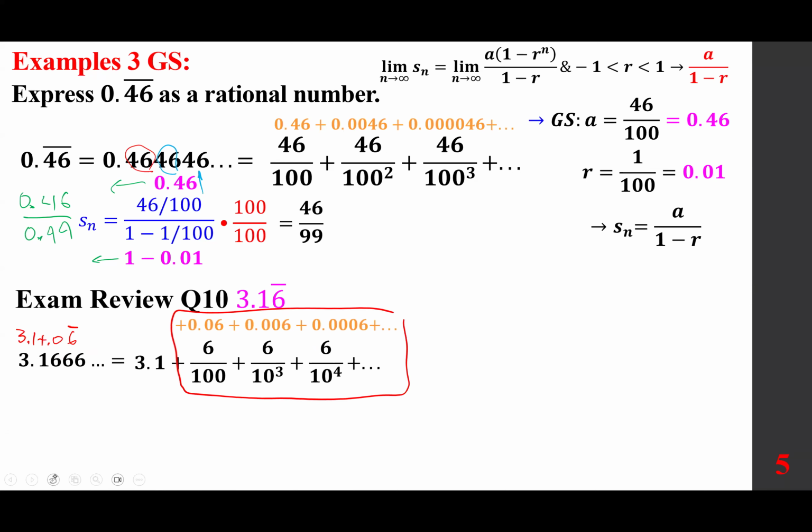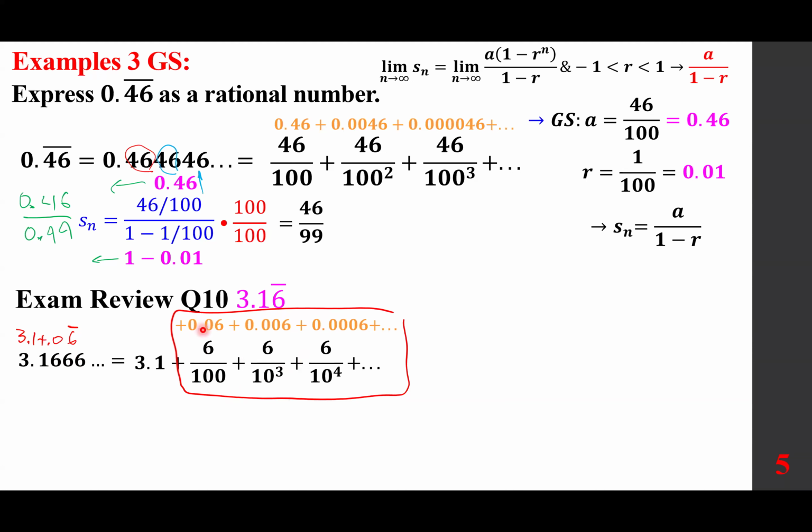Now, what I want you to notice is this. When you write it, this one is 6 over 100 or 0.06. The next one is 6 over 1,000 or 0.006 and so forth. So this number, 1,000, is 10 times this number, which makes this fraction 10 times smaller. So you're dealing with the geometric series.